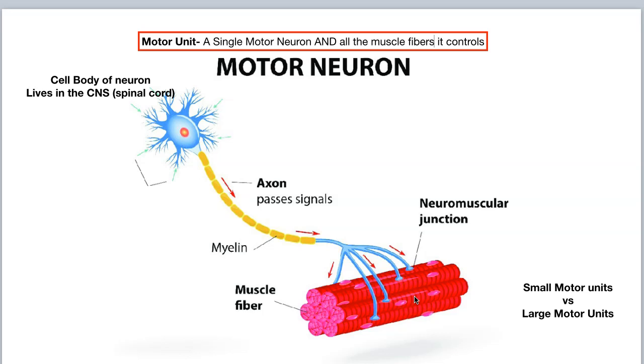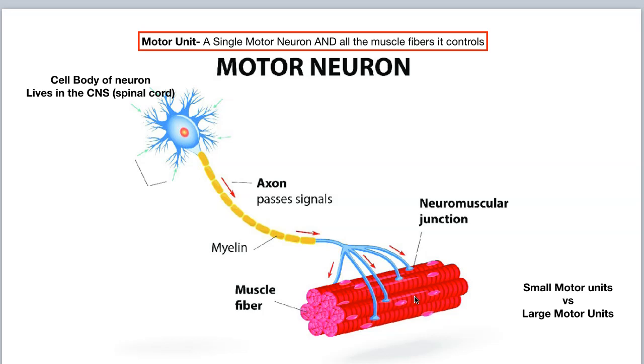You need delicate precision control. If you are a vascular surgeon and you are stitching up a blood vessel, you want to use delicate control. You want to use the smallest motor units possible.